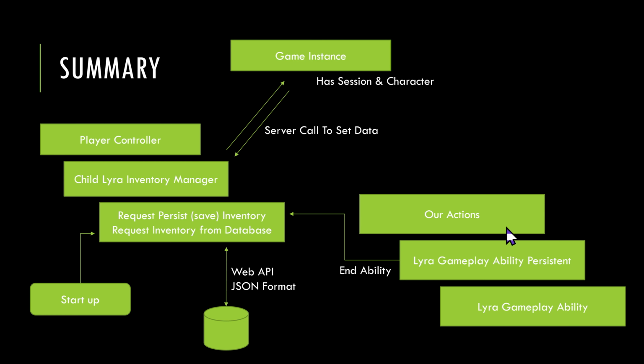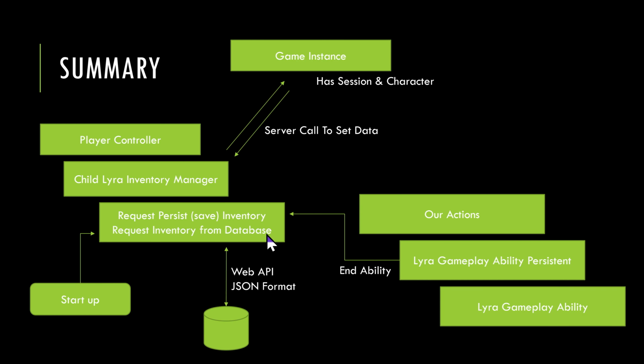Then as we are executing abilities in game, the Lyra gameplay ability class has been subclassed to our Lyra gameplay ability with persistence. Any actions that use the persistent version of this will automatically trigger on end ability a call to persist the inventory, which will use the web API and the JSON to push the new data back to the server. So we only fetch the data once at the beginning of a session.